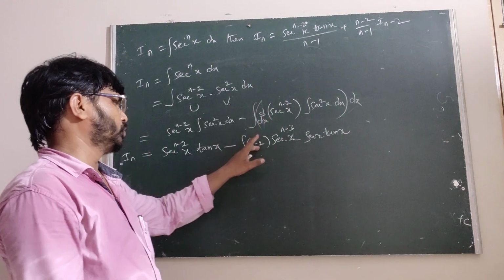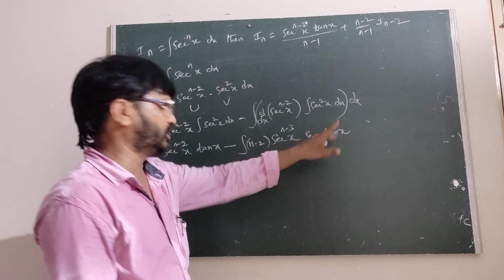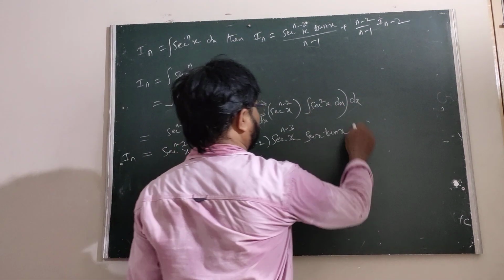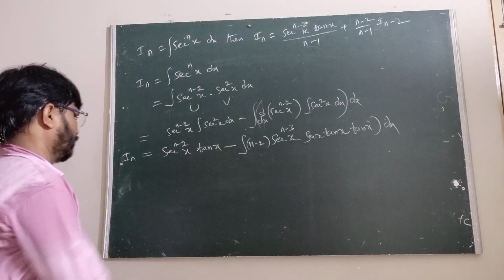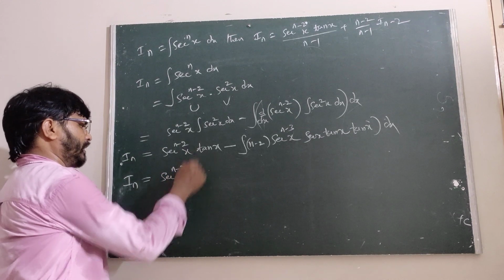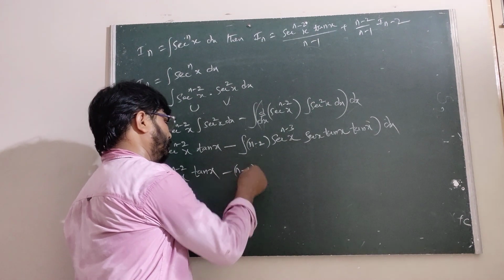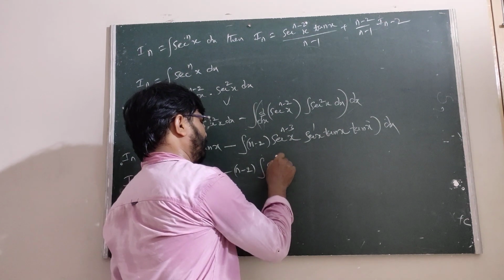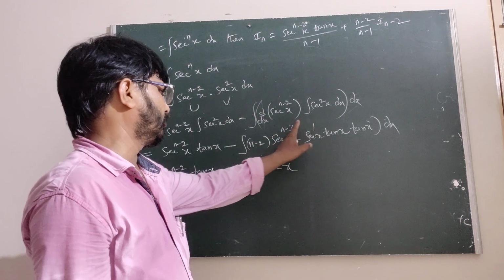Therefore now we can write secant power n minus 2 x into tan x, minus n minus 2 into the integral of secant power n minus 2 x tan square x. Is it okay?